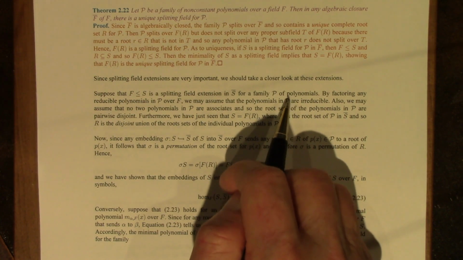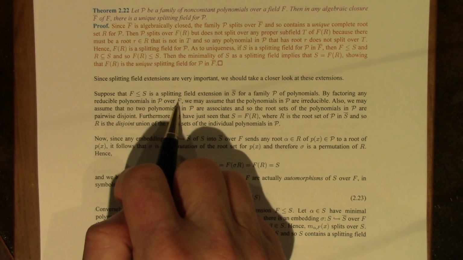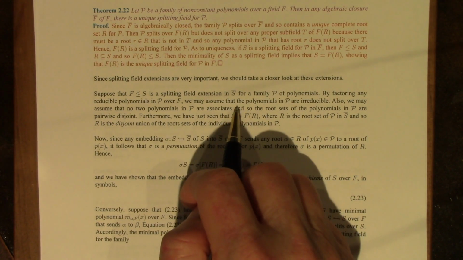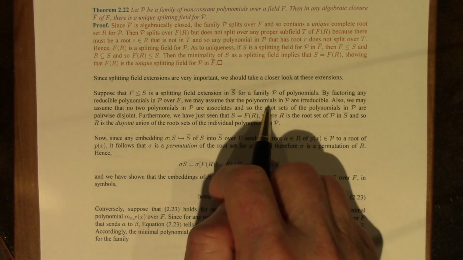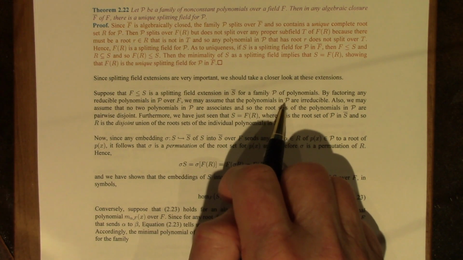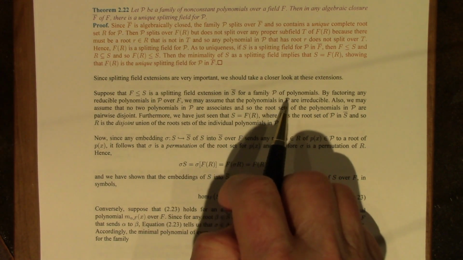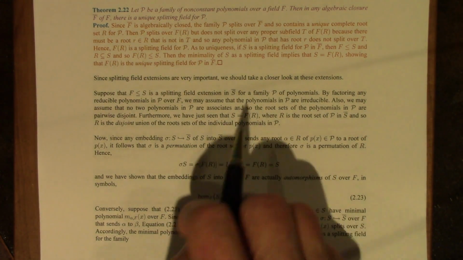By factoring any reducible polynomials in the family, reducible over F, we're going to change the family potentially if we have to factor something, but we're not going to change the splitting field because we're not changing the root set. And so we can go ahead and assume initially that the polynomials in the family are irreducible. We could also assume that no two polynomials in P are associates because they have the same roots, and so we can eliminate any associate polynomials.